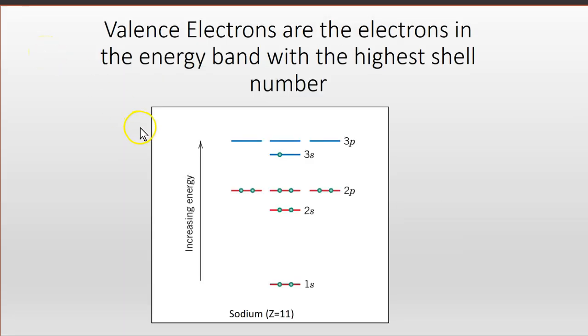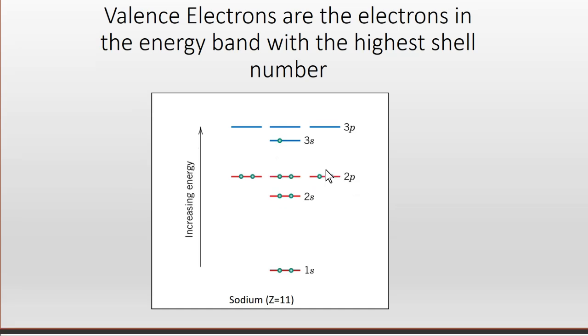In an atom, the valence electrons are those electrons that are in the energy band with the highest shell number. The chemical characteristics of an atom are principally determined by the outer electrons, as they determine how the element will combine with other elements.